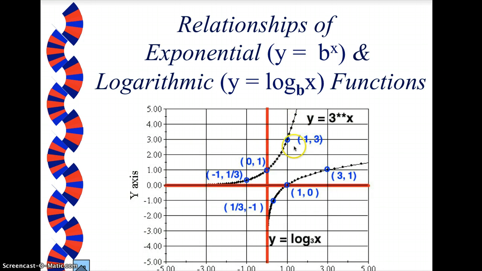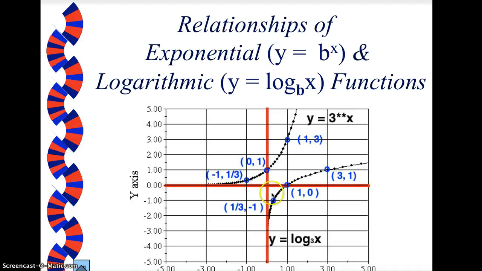In your exponential function, it touches the y-axis at (0, 1), whereas in your logarithmic function, it touches the x-axis but not the y-axis, at (1, 0). In the exponential function, this line is threading along the x-axis, but it will not be touching the x-axis because there's no x-intercept.